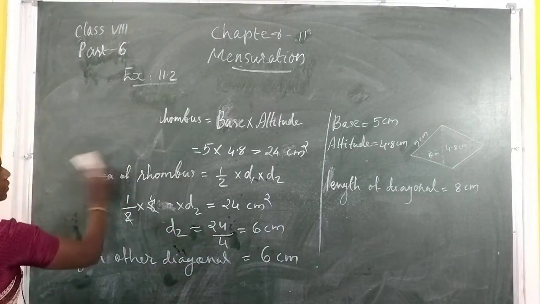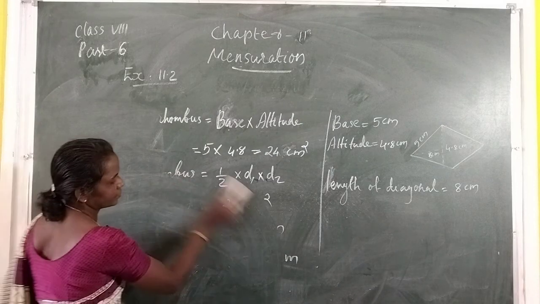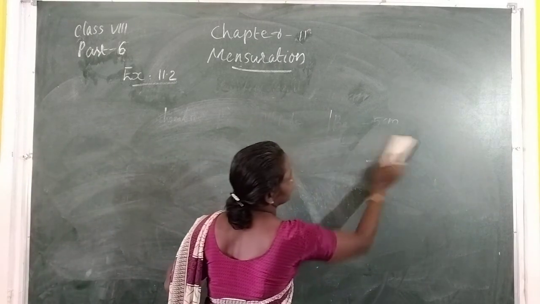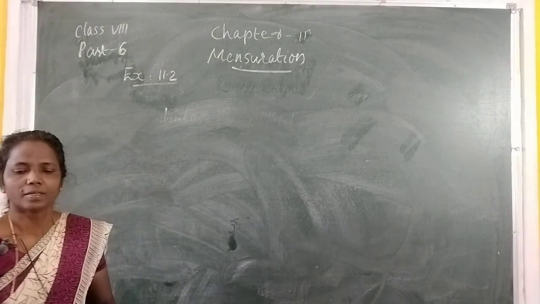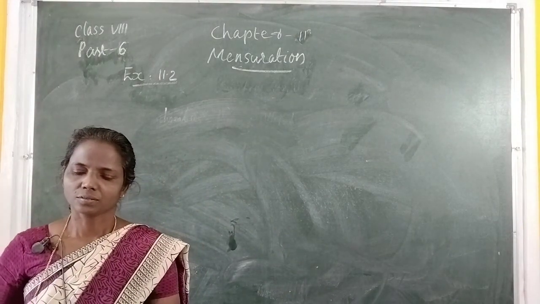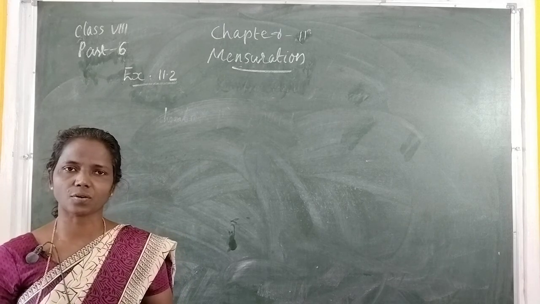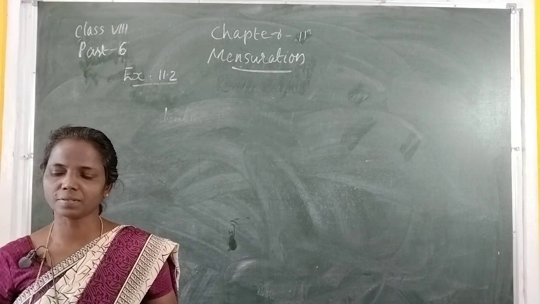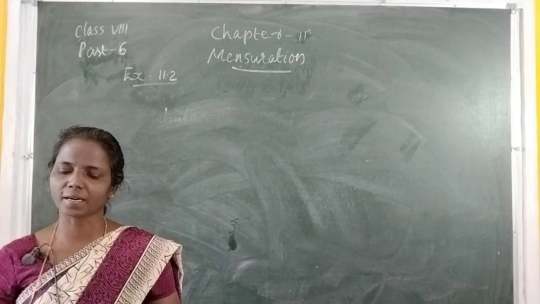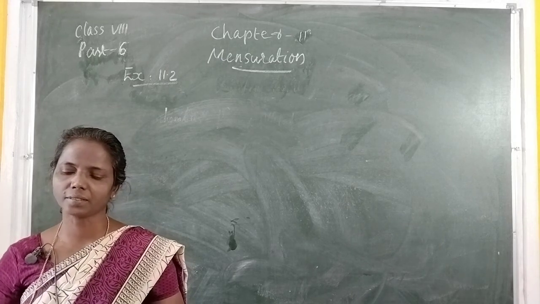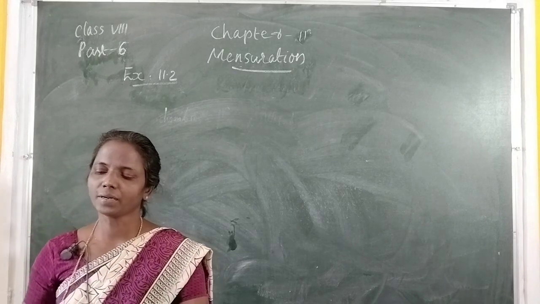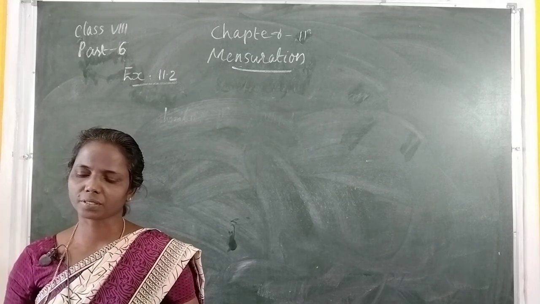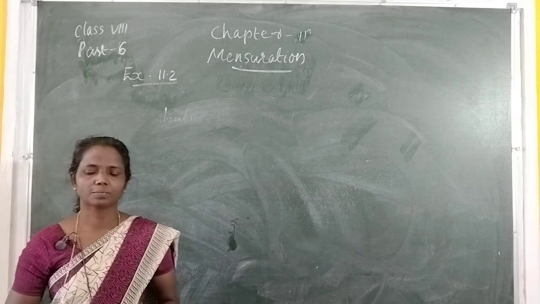Question number 7. Read. If the floor of a building consists of 3000 tiles which are rhombus shaped, and each of its diagonals is 45 centimeter and 30 centimeter in length, find the total cost of polishing the floor if the cost per meter square is 4 rupees.